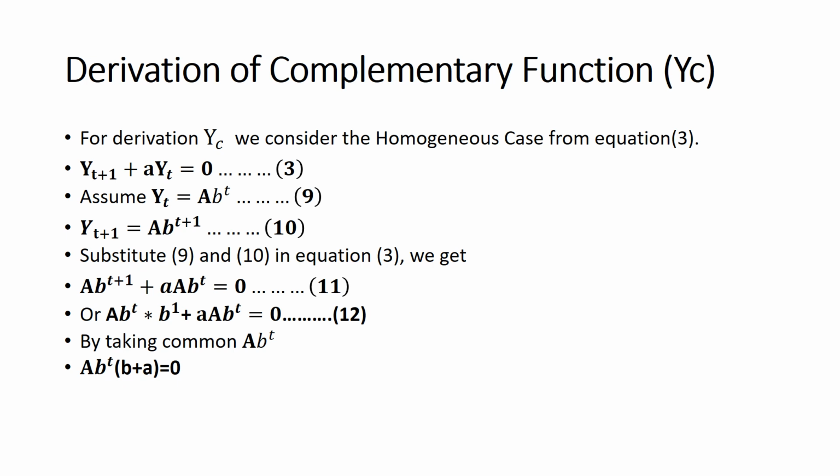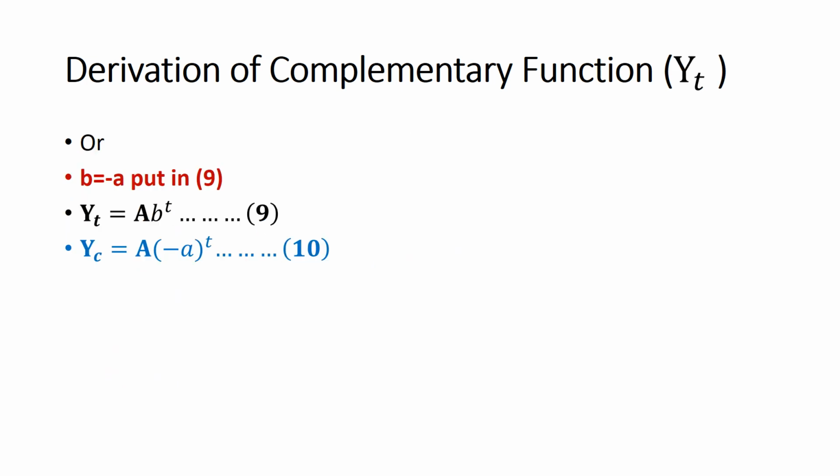By taking common A b to the power t, we will get A b to the power t into b plus a is equal to 0. Or if we find the value of b, so b is equal to minus a.